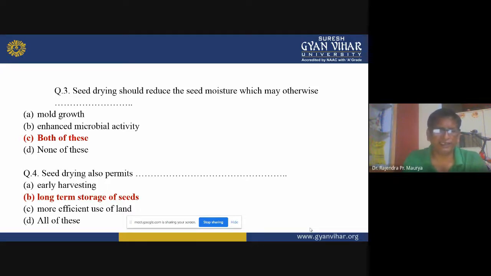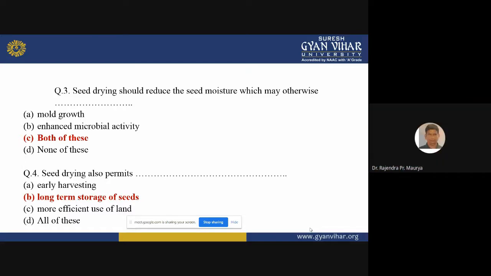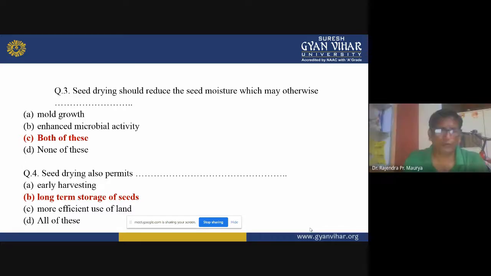The next question is, seed drying also permits. In this question we have four options. Option A, early harvesting. Option B, long-term storage of seeds. Option C, more efficient use of land. And option D, all of these.